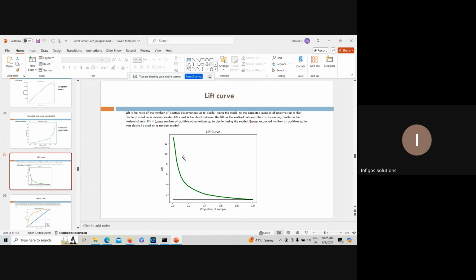So you will sort the data from lowest to highest. After that, you will see how many events are coming in the first decile. And then you divide that particular value by the random data, which will have 10% of events.